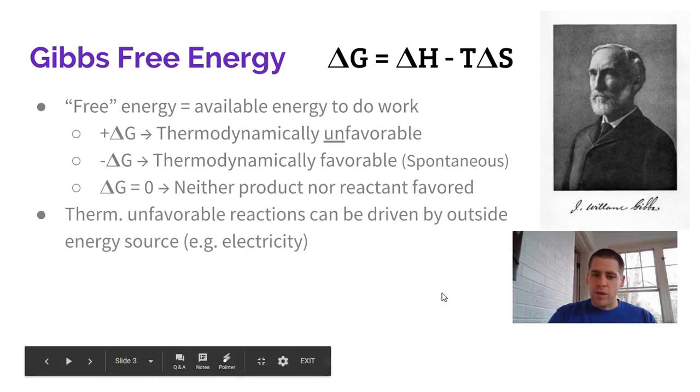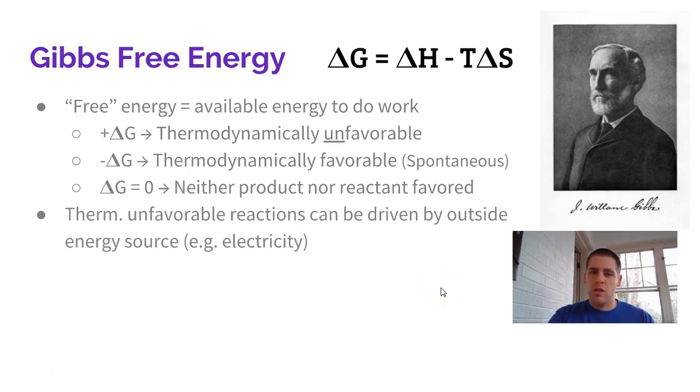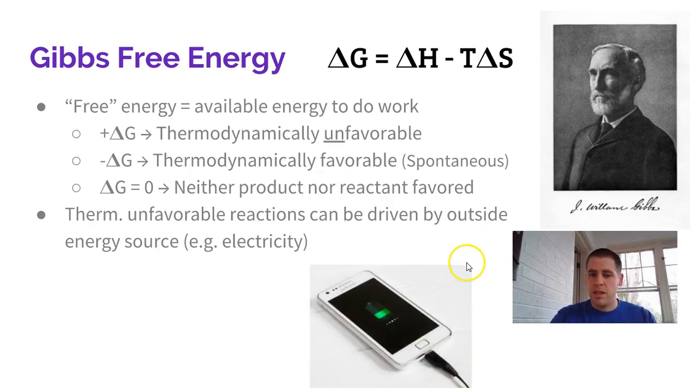Thermodynamically unfavorable reactions can happen. Typically what we mean by unfavorable is that the reaction will never occur on its own, but it can be driven by an outside force. An example is your cell phone battery. It never recharges itself on its own, right? That's a positive delta G situation.